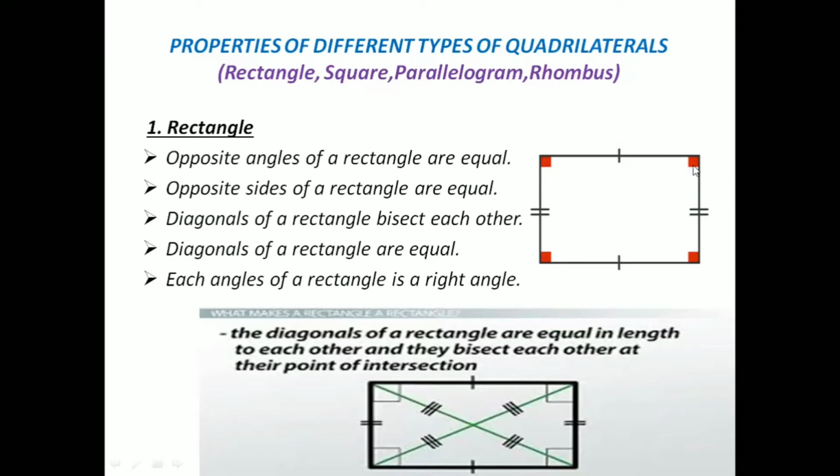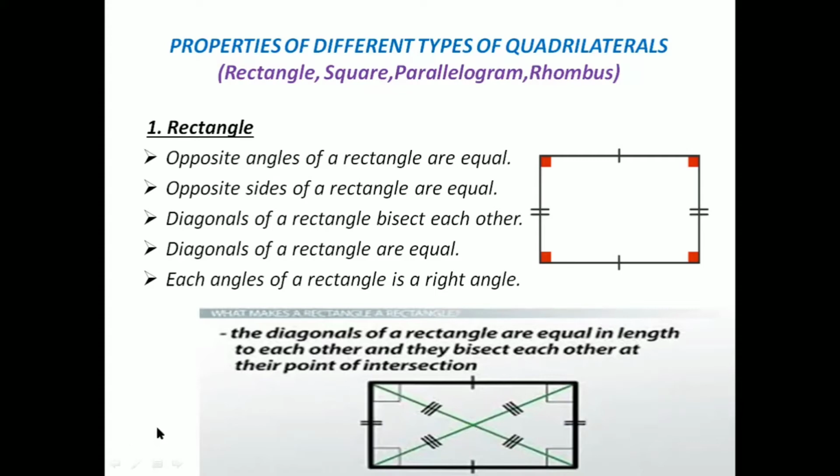These are the properties of a rectangle. The diagonals are equal in length and bisect each other at their point of intersection, as I told you before.